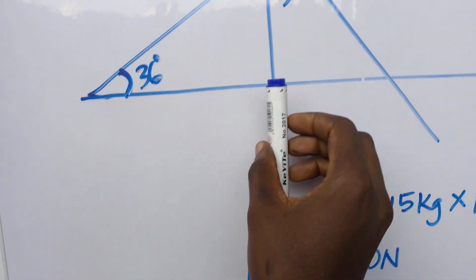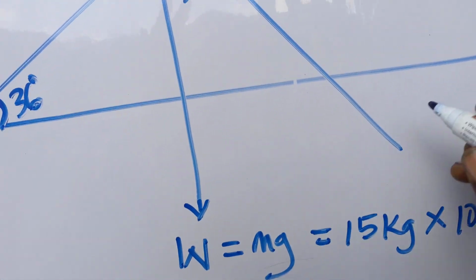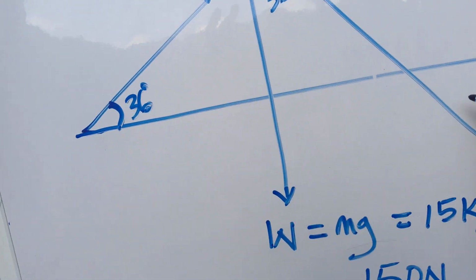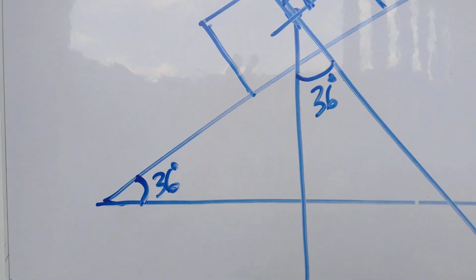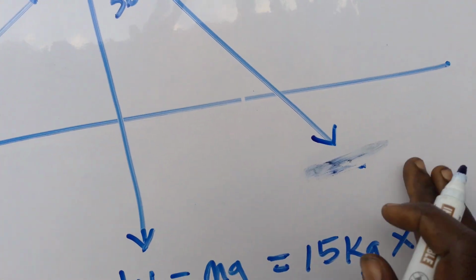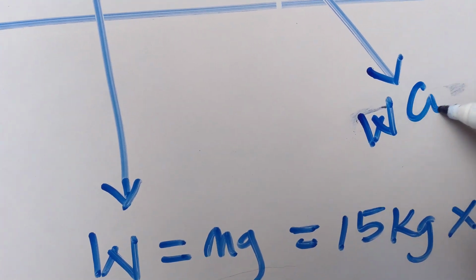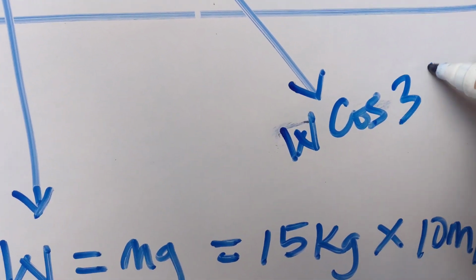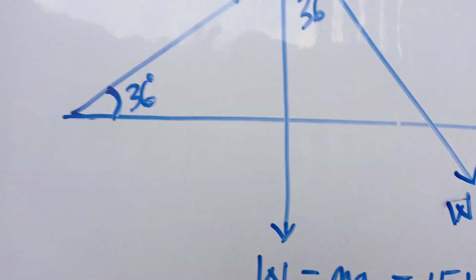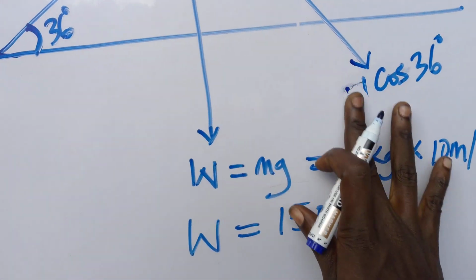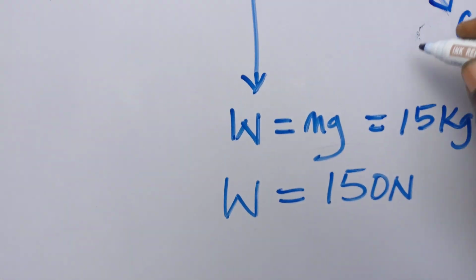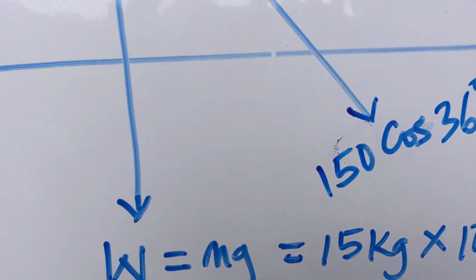I'll resolve this force this way. This is W cos 36 degrees. And remember, we solved our W and we had W as 150. So this is 150 cos 36.